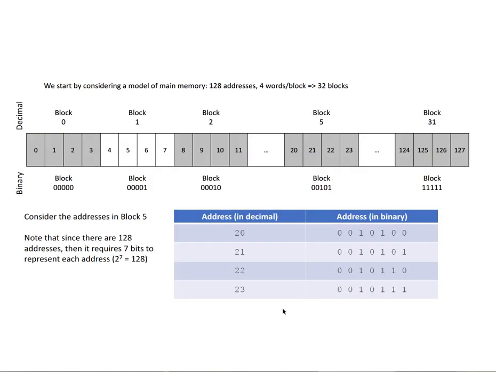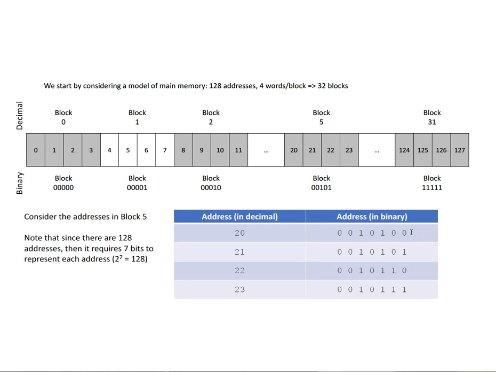What we want to notice here is that there's something in common with all the addresses within a single block. So let's consider the addresses in block 5. The addresses in decimal are addresses 20, 21, 22, 23. In binary, we see that those addresses are in sequence.